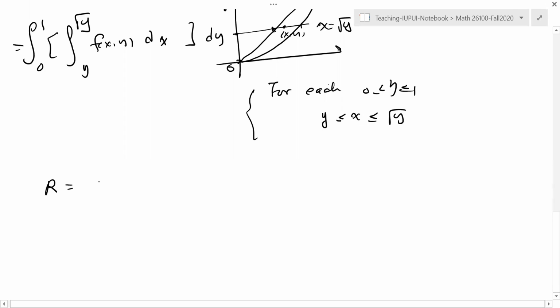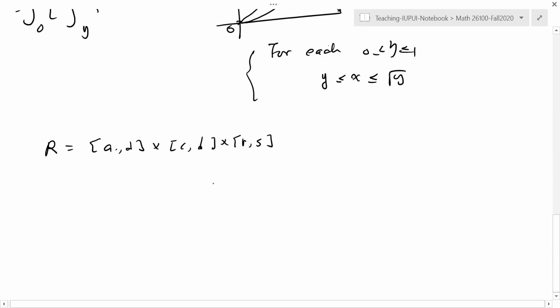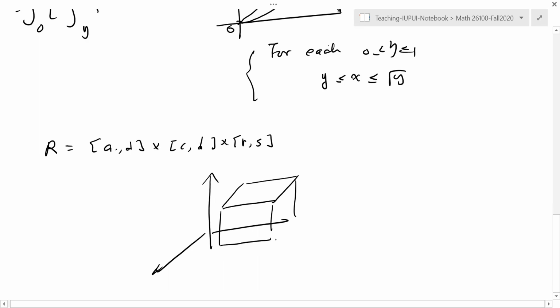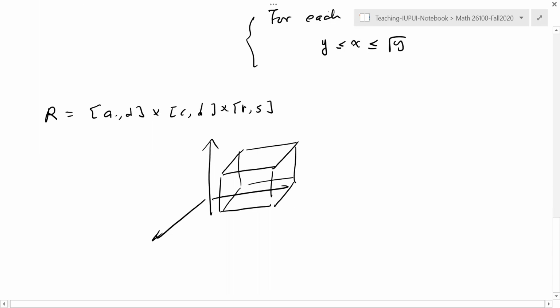I'm going to use this region, a rectangular box. This is the domain, it's in space, a special case here. The domain is 3-dimensional space.